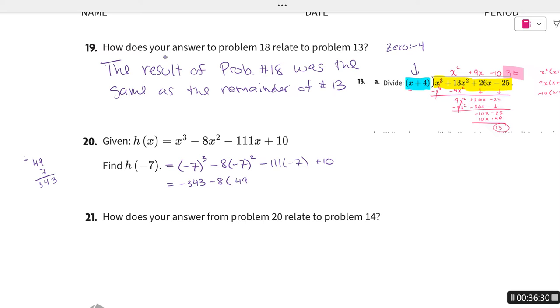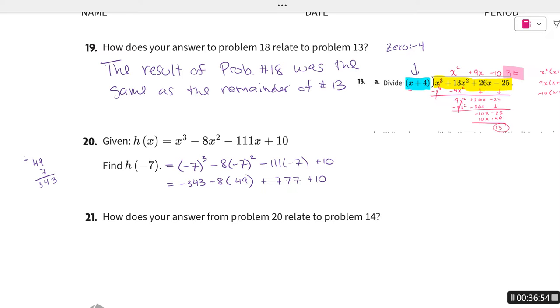Negative 7 squared gives us the positive 49. And then negative 111 times negative 7 gives us positive 777. Just keep multiplying by 7. Plus 10. 8 times 49. Well, 8 times 50 would be 400.